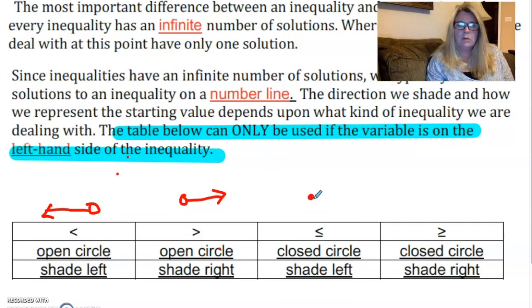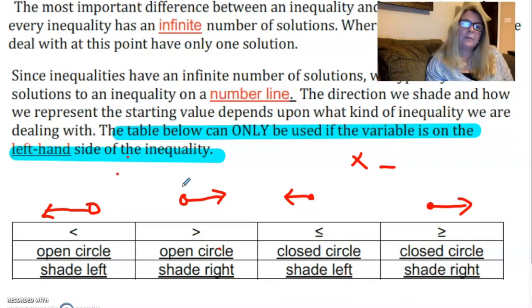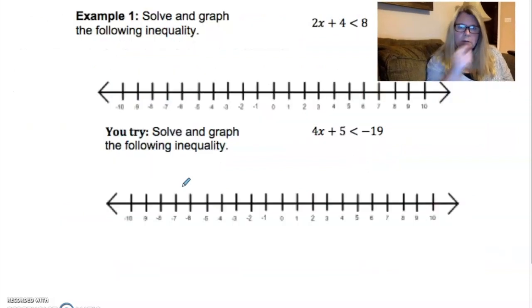A closed circle, less than, so you point to the things that are to the left, smaller than. And with greater than or equal to, we point to the right. Again, this is only if x is on the left-hand side. Let's go on to the next slide.